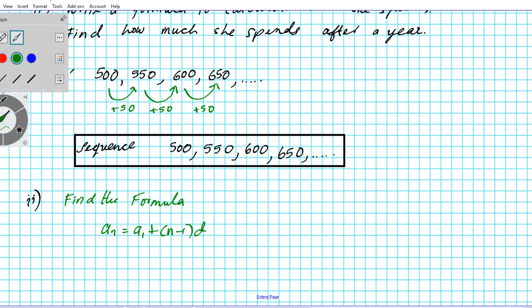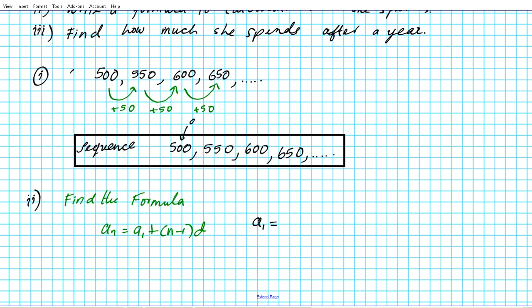Okay? So in her particular situation, her starting value a1, the first term in the sequence, is 500. And then n is just going to be n since we're looking for the general formula. The common difference is how much she pays every month, which is 50. As you can see here, she adds 50 every month. And then an is just going to be an.